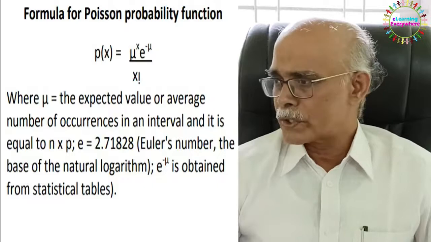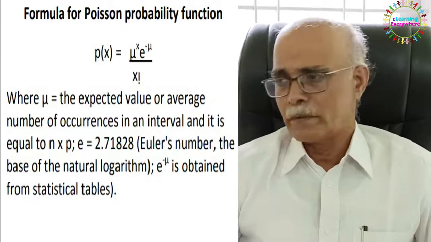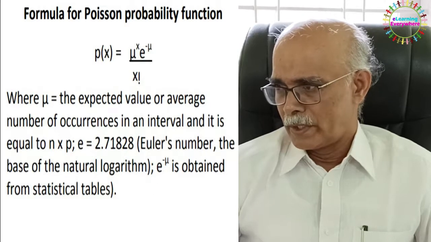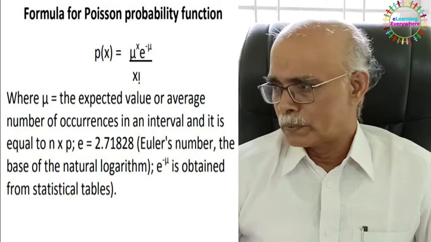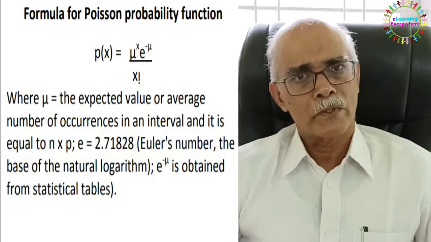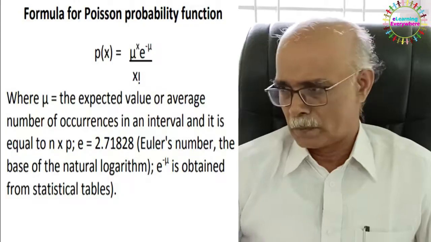It is called Euler's number, and it is the base of the natural logarithm. And e raised to minus mu is usually obtained from statistical tables.